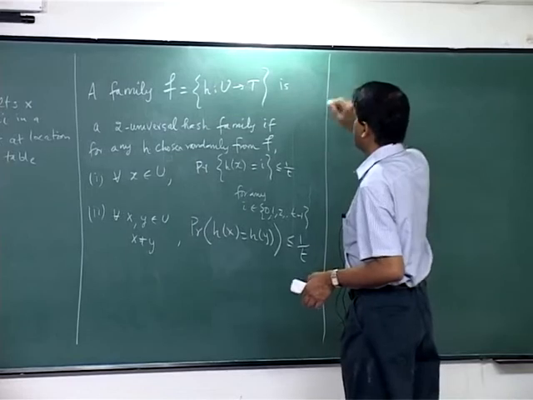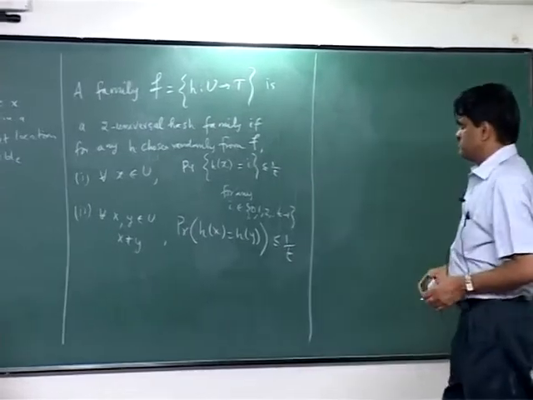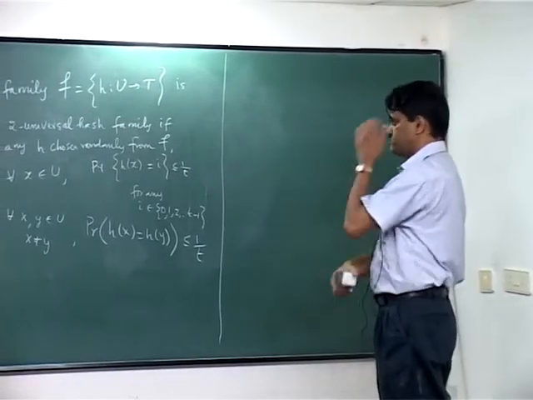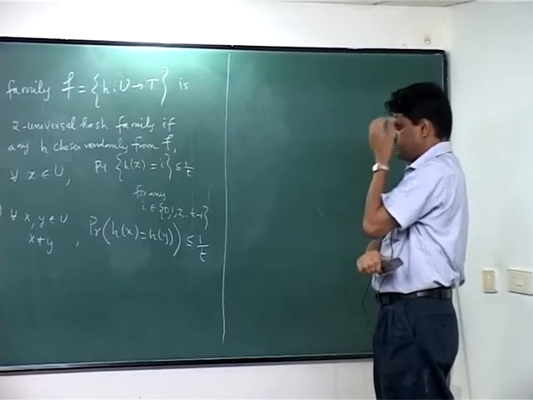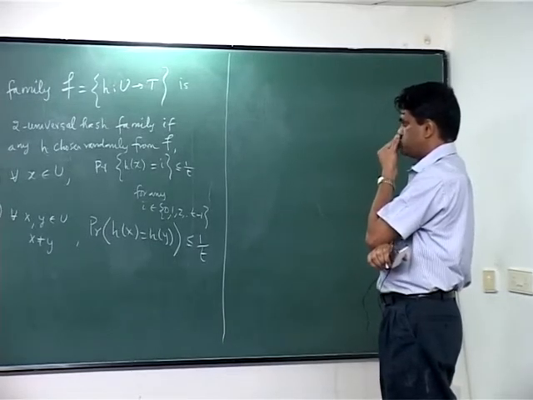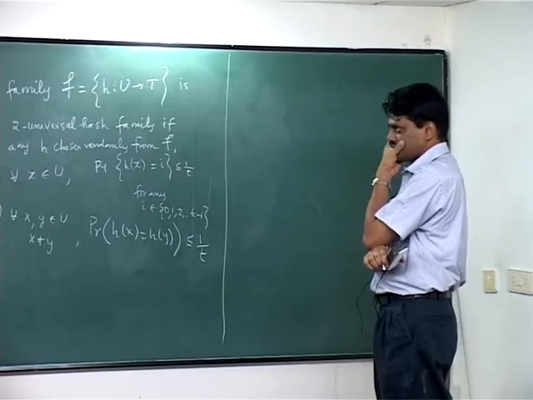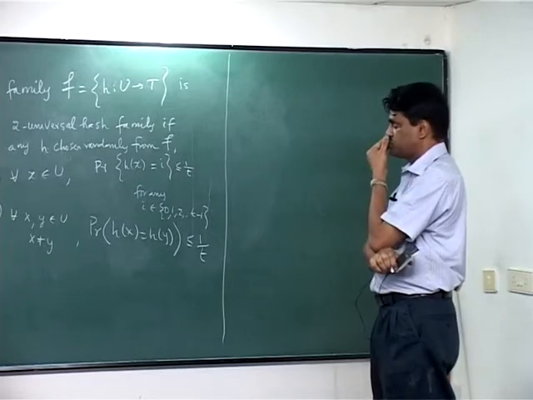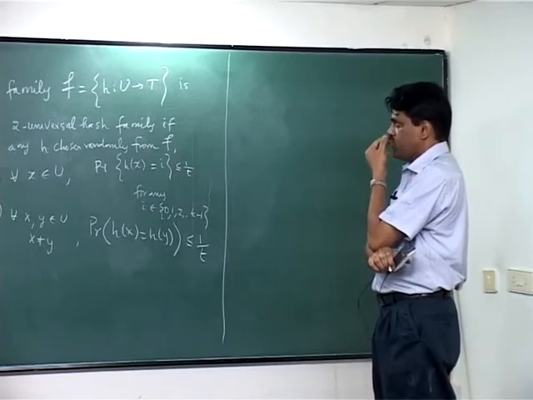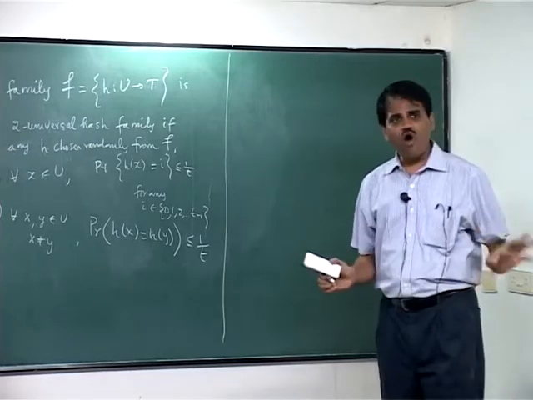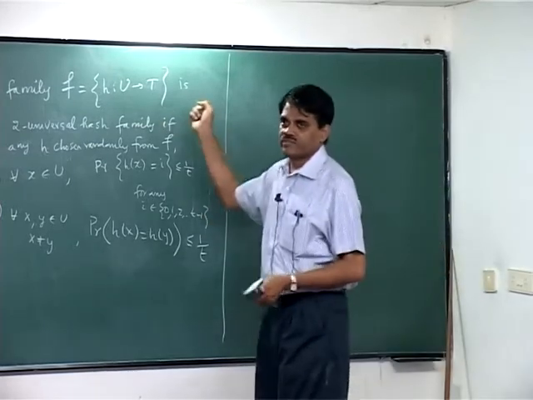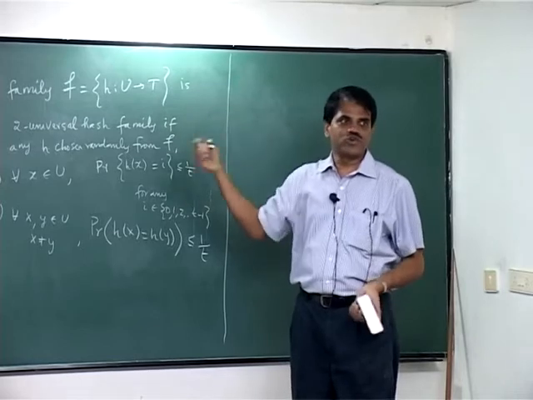So let's see. Let's look at the family of all functions from U to T. I claim that that's 2 universal.